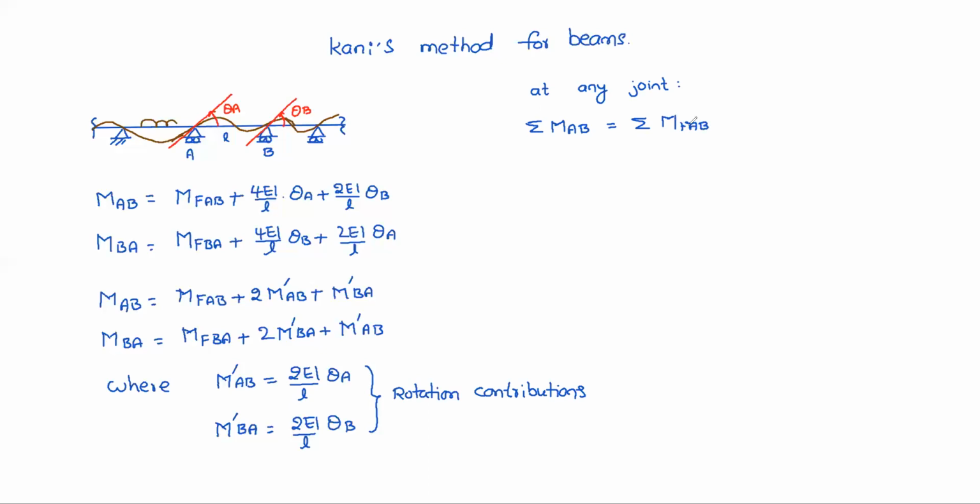MFAB means at that joint, fixed moments. At the joint A, fixed moments. Plus similarly 2 times of sigma of M dash AB.